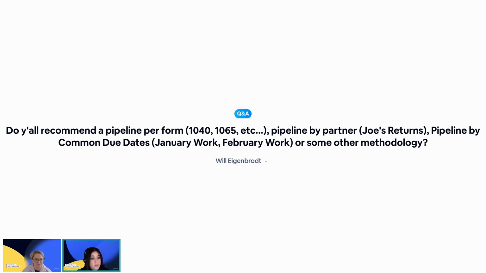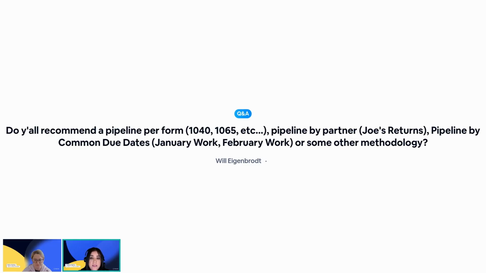Do we recommend a pipeline perform, maybe, like, for example, a 1040 pipeline and a 1065 pipeline of common dates? This is up to you. That's why we have tags, because if you'd like all of your tax returns to be all in one pipeline, whether it's corporate or individual, you can use tags, right?